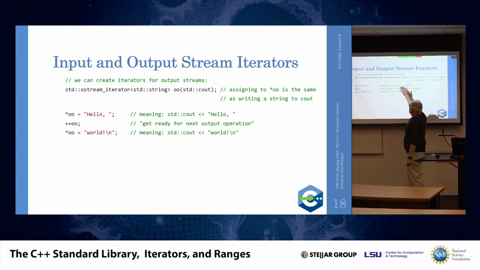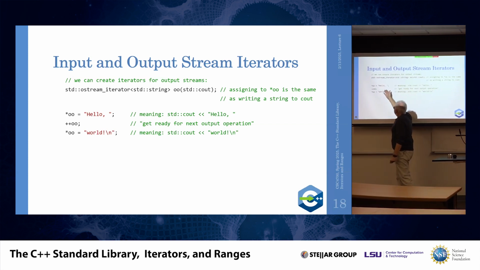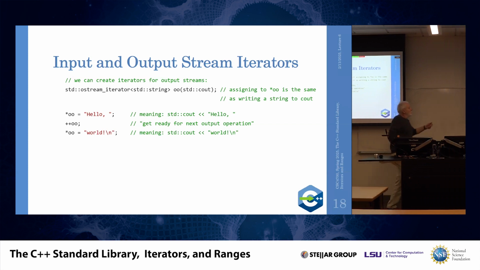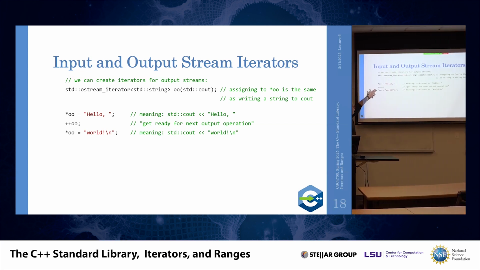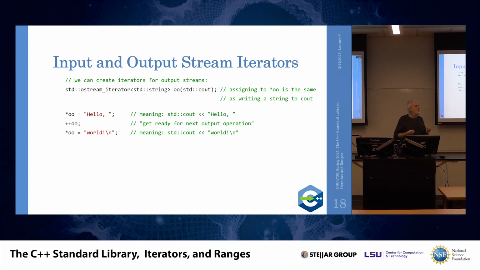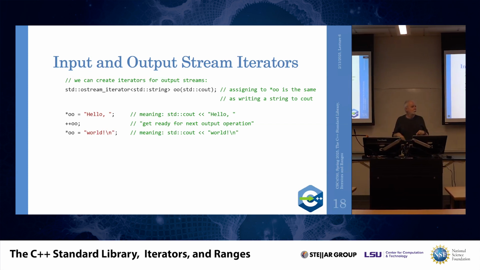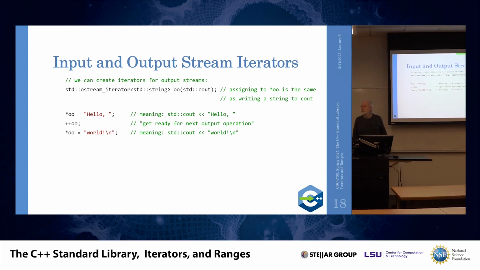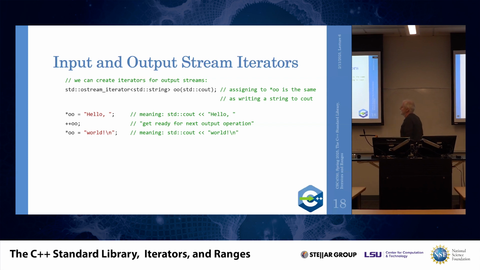So I construct a new ostream iterator, then I assign hello to the dereferenced ostream iterator, which will write it to cout. Then I increment the ostream iterator, which does nothing, but you should do it anyway. It means get ready for the next output operation. And then I write the next one to the iterator.